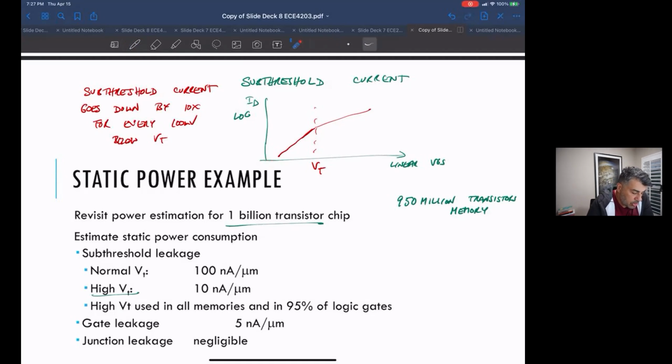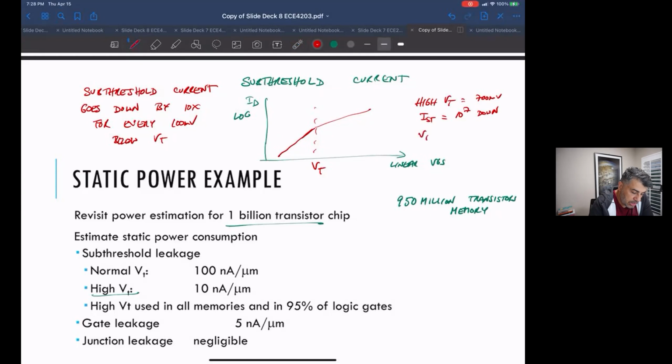So because you drop by a factor of 10 every 100 millivolts below V sub t, the higher this V sub t is, let's say your high VT is 700 millivolts, then your subthreshold current by the time you hit zero is a factor of 10 to the 7th less than it was at V sub t.